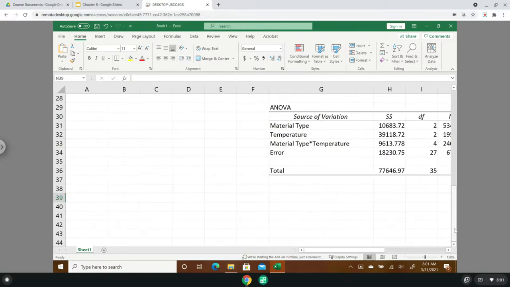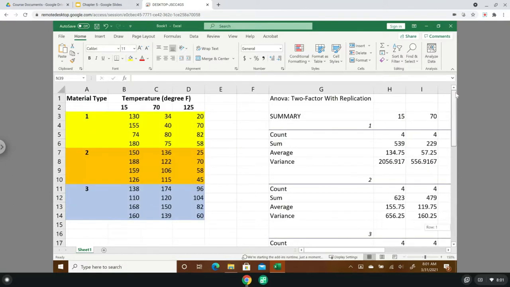So the idea here is that our analysis of variance, the statistical model that we used, is based on the assumption that the residuals, the errors in the data, are normally and independently distributed with constant variance.